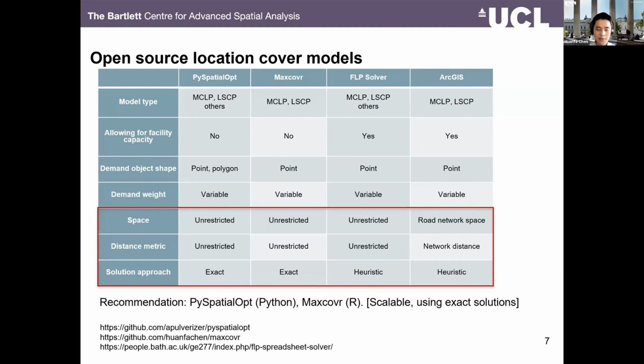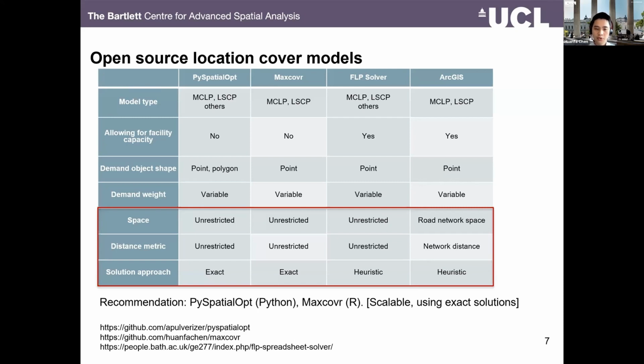And it uses an exact solution approach to solve these problems, meaning that the solutions from this package are guaranteed to be optimal. The second package is MaxCoverR, which is based on the R language. Similar to PySpatialOpt, there's no limitation in the space or the distance metric, and it also uses the exact solution approach to solve the problems. The third one is the FLP Solver.